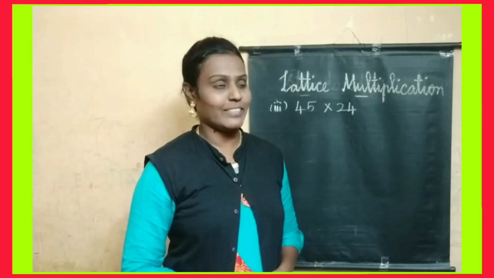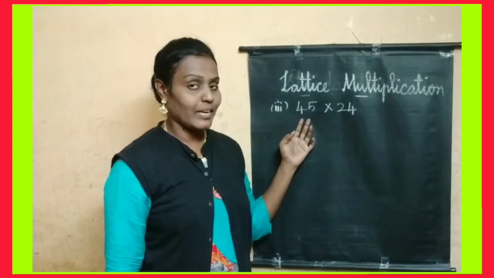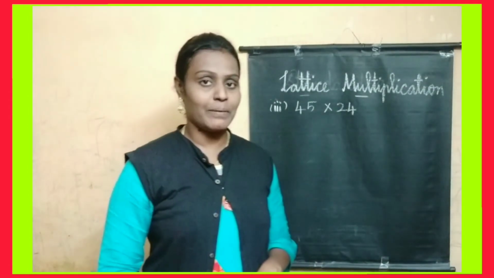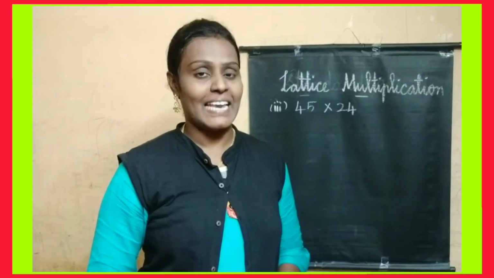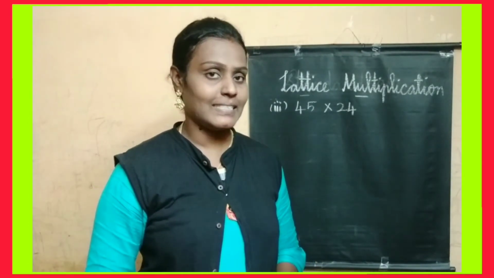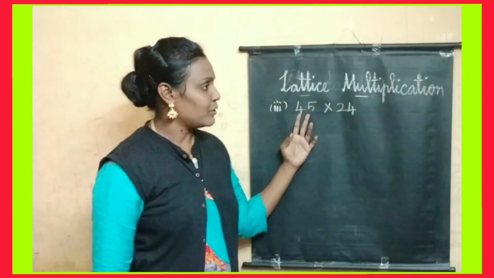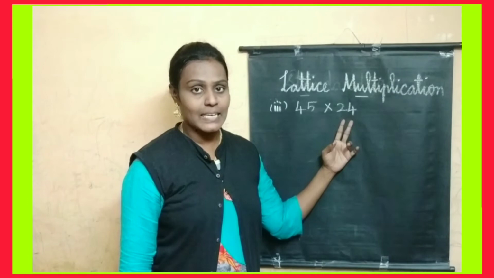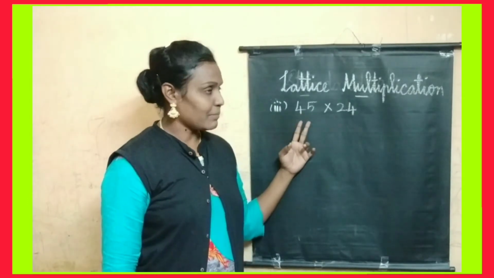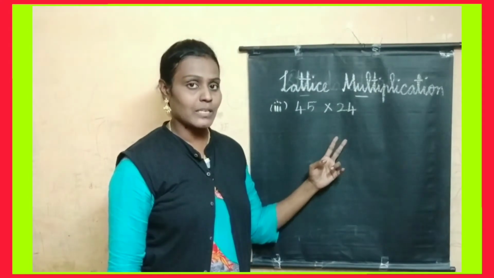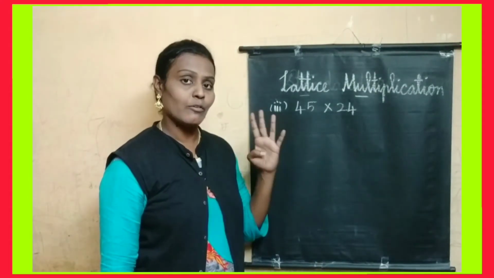Next, third one. 45 multiplied by 24. For lattice multiplication, yes, we have to draw squares according to the digits. Here we have 2 digits in the multiplicand and 2 digits in the multiplier. So, we have to draw 4 squares.